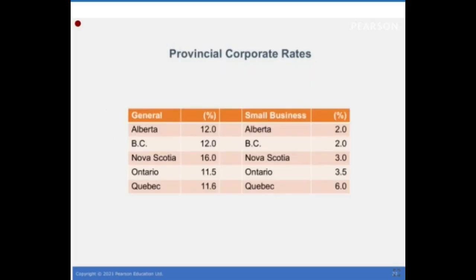Oh, and by the way, check this out. Bingo. Look where we sit. This is for general. Remember I said there's two brackets? So general or big business, and then small business.